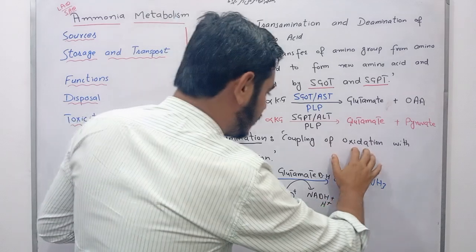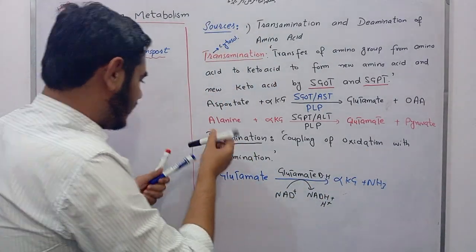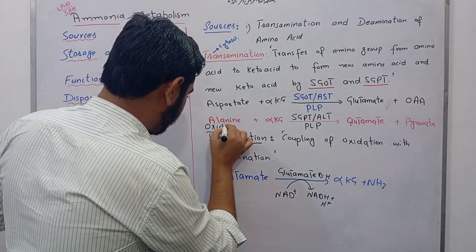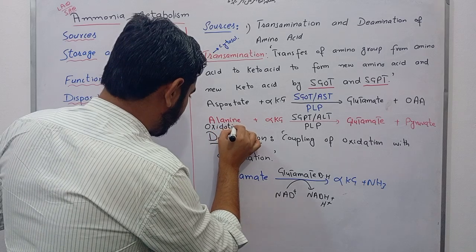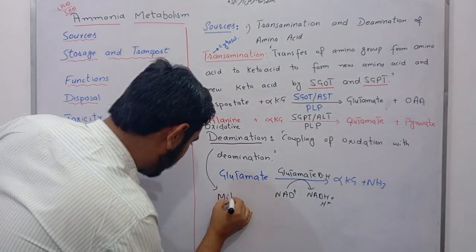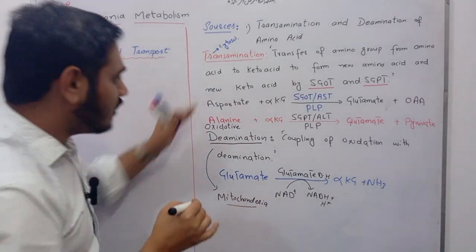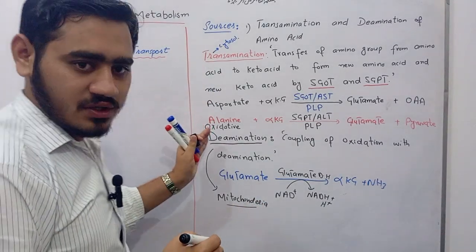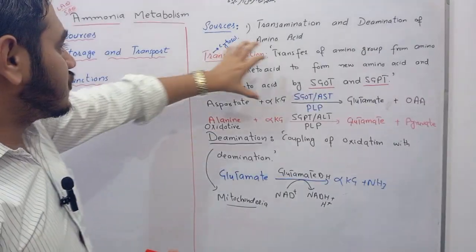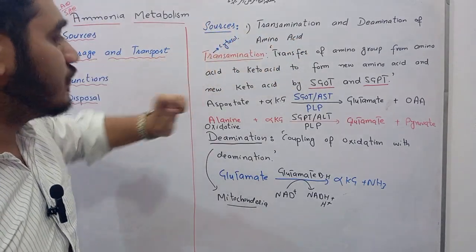The coupling of oxidation with the deamination is called oxidative deamination, and this process takes place in mitochondria. So both are very important as a short question and for MCQs. So this transamination and deamination of amino acid is the first source of the ammonia.